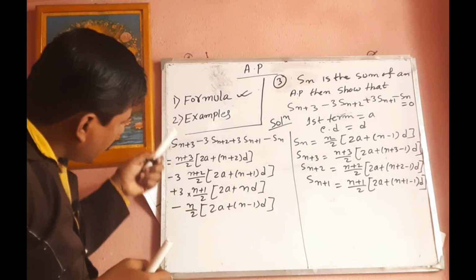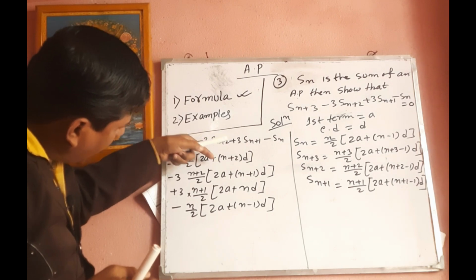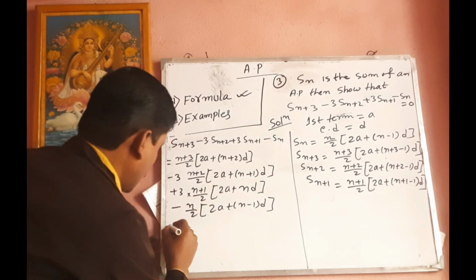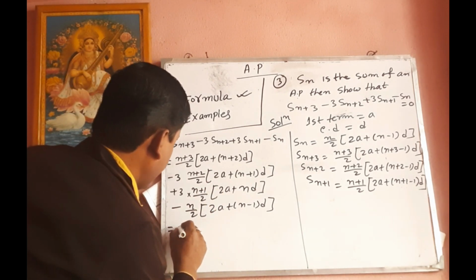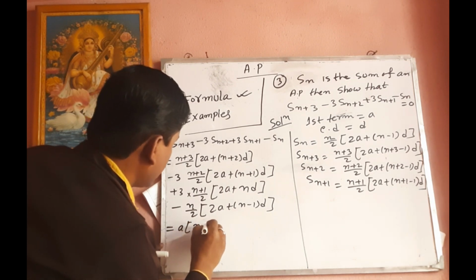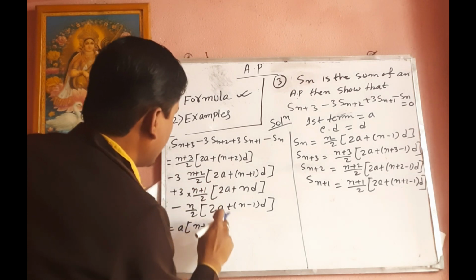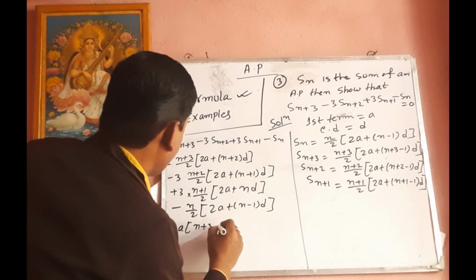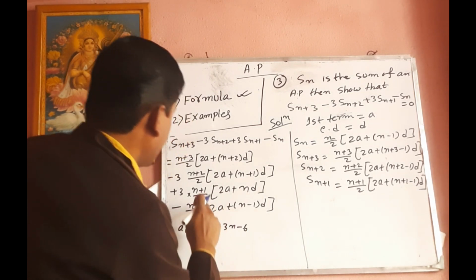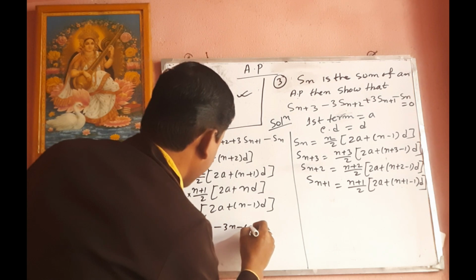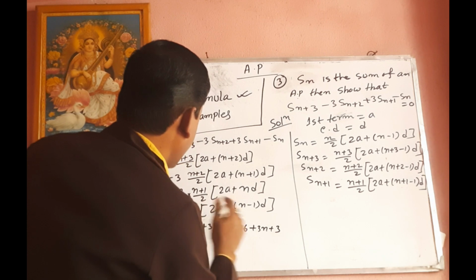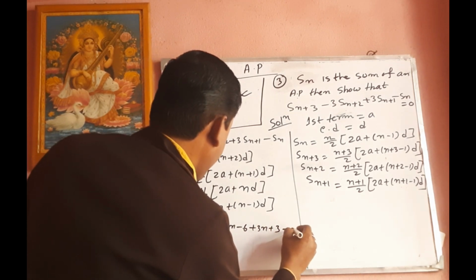Now calculating this and comparing a and d, if we take a common, then we get a times (n plus 3), from here minus 3n minus 6, from here plus 3n plus 3, from here minus n.